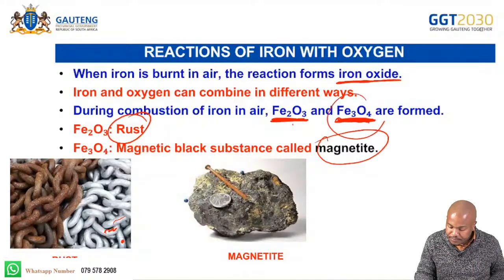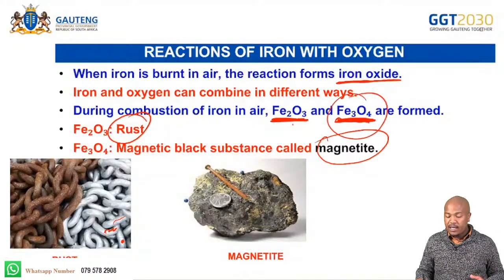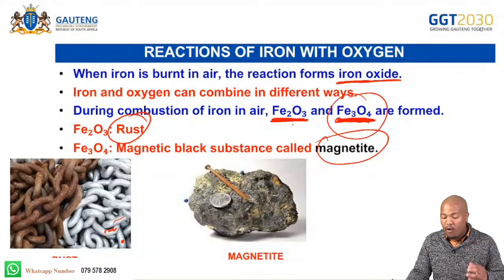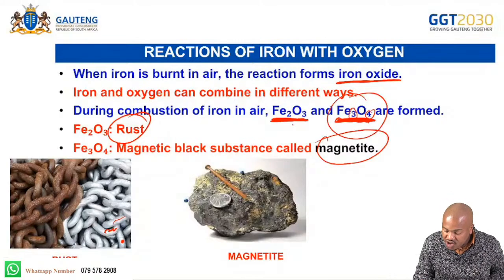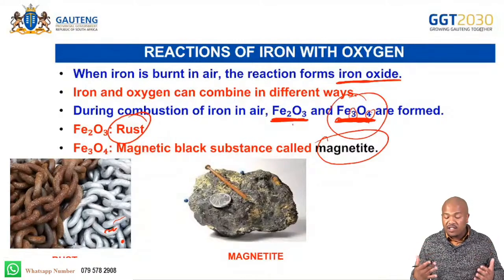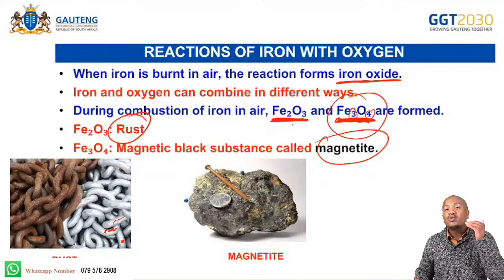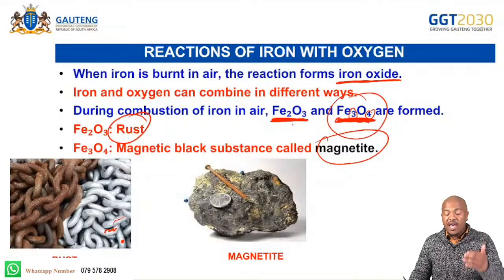Hence, this one is called differently, and it has different properties as well, because it is black and also magnetic. Its chemical formula is Fe3O4. So the ratio has changed, hence we have a different compound. That's why we say metals or iron react with oxygen in different ways.